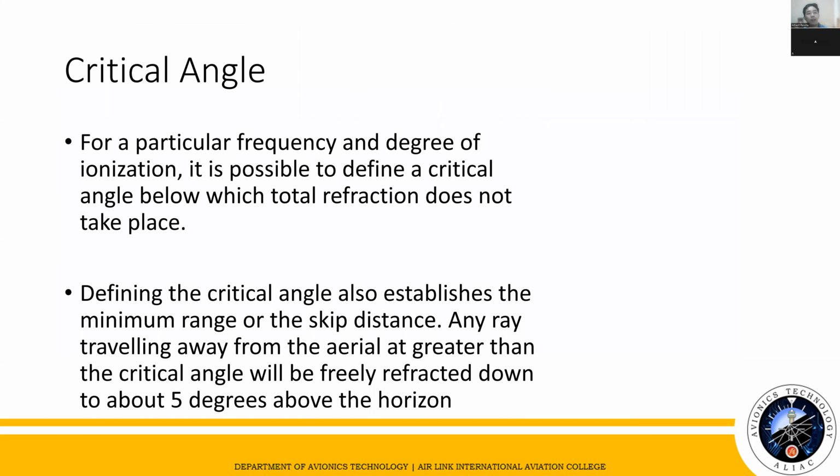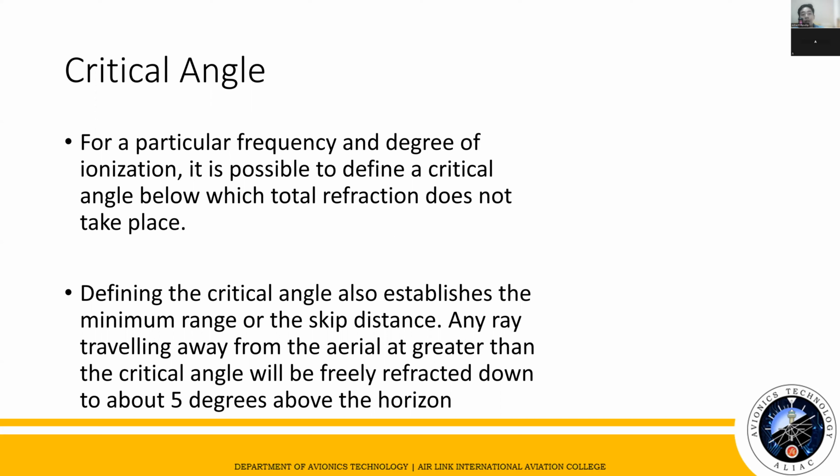So for critical angle, for a particular frequency and degree of ionization, it is possible to define the critical angle at which total refraction does not take place. So defining the critical angle also establishes the minimum range or skip distance.